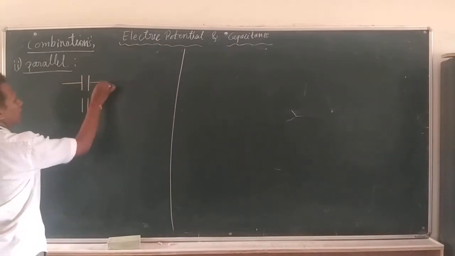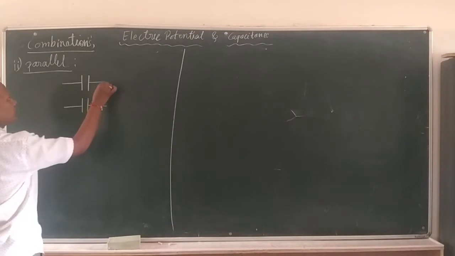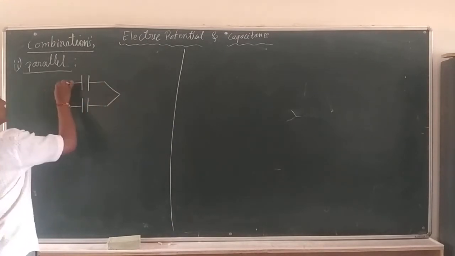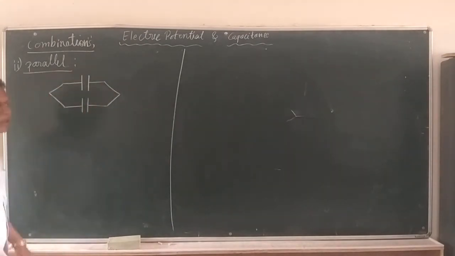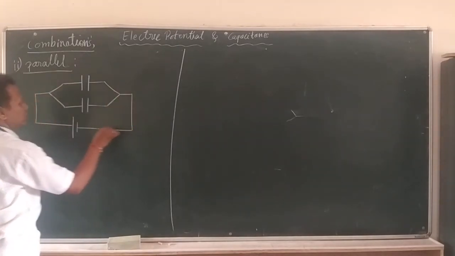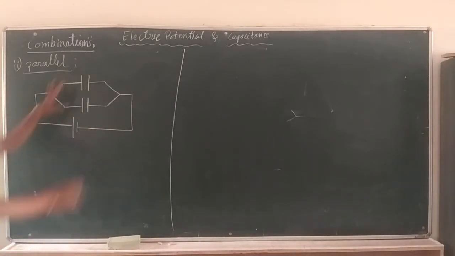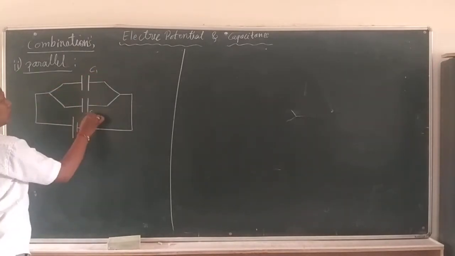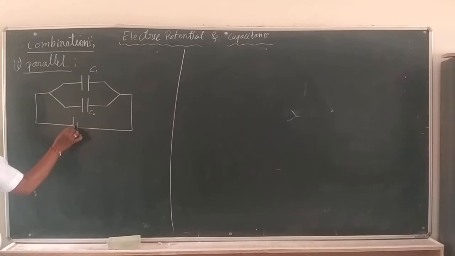Here also we are taking parallel plate capacitors. So this is how the parallel combination is constructed. These are two capacitors C1 and C2, connected to a battery with plus and minus terminals.